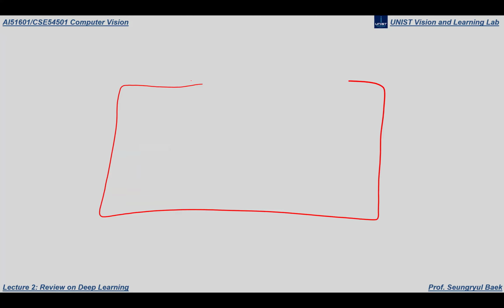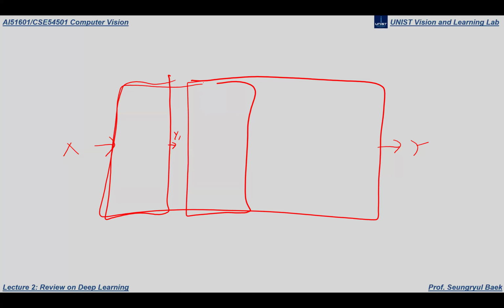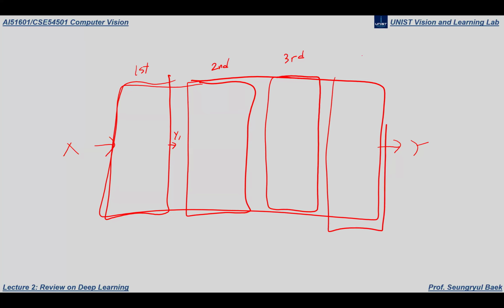One more thing I want to add here: this is the deep architecture, this is the input, and this is the output, and there could be multiple layers. For example, let's say this is the output Y1, this is the first layer, this is the second layer, this is third, and this is fourth.